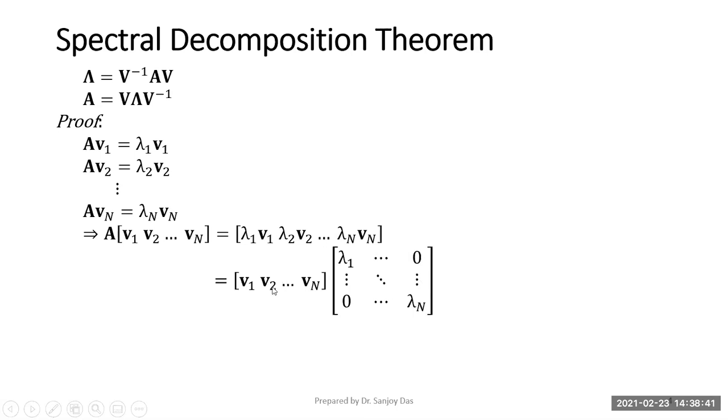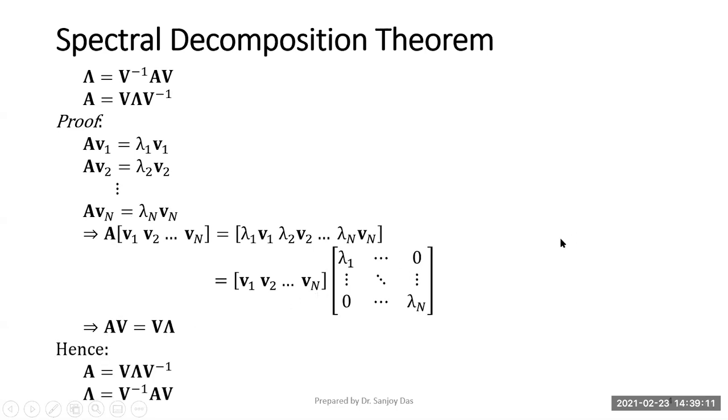Okay, so this is equal to this. Whence, by definition, this is the matrix that we defined earlier, V, and this is the diagonal matrix of all the eigenvalues of A. Whence, we just showed that AV equals V lambda.